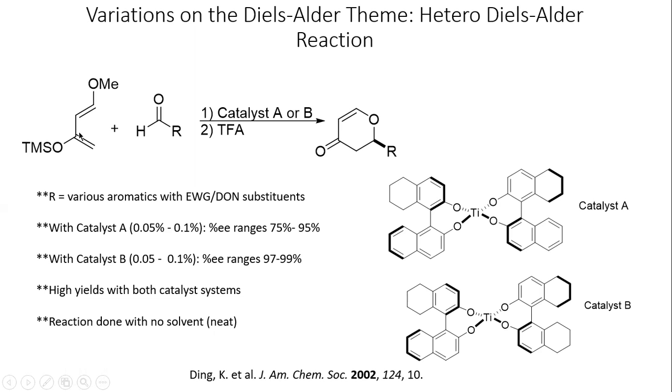So you just mix your diene with your aldehyde, and the R groups again range from aromatic to aliphatic to alpha beta unsaturated. And you can use either catalyst A or B. And if you notice, the differences in the catalyst are here, right?